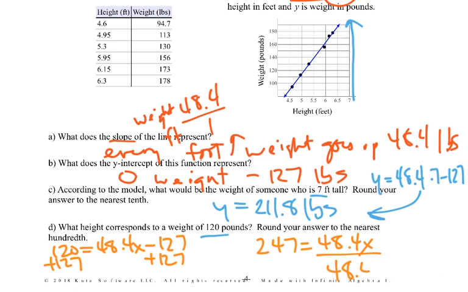Divide by 48.4. x equals what your height would be. So 247 divided by 48.4 would be about 5.1. Yep, about 5.1, which would be about 5 feet 1 to 2 inches, probably like 1.5 inches, something like that.